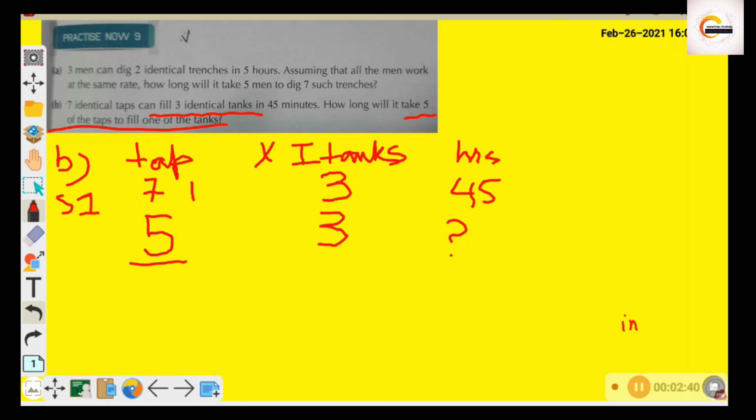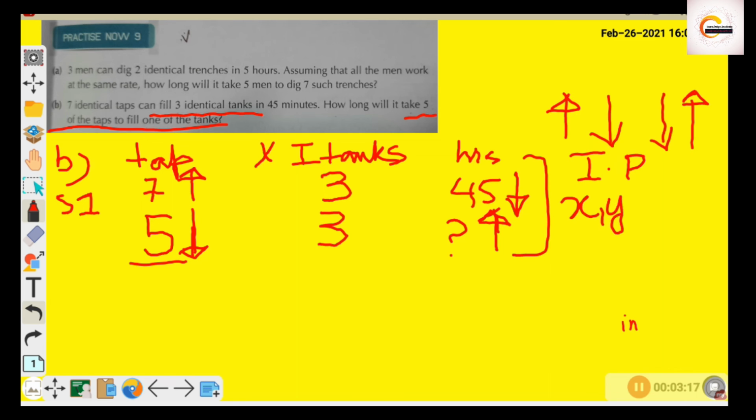So more taps will finish their job in less time, and less taps will finish their job in more time. This is inverse proportion relationship.